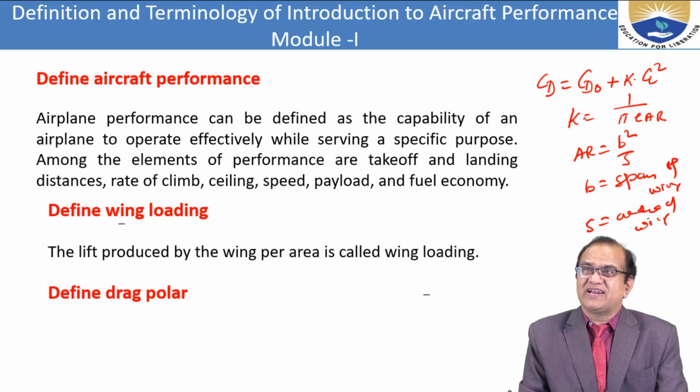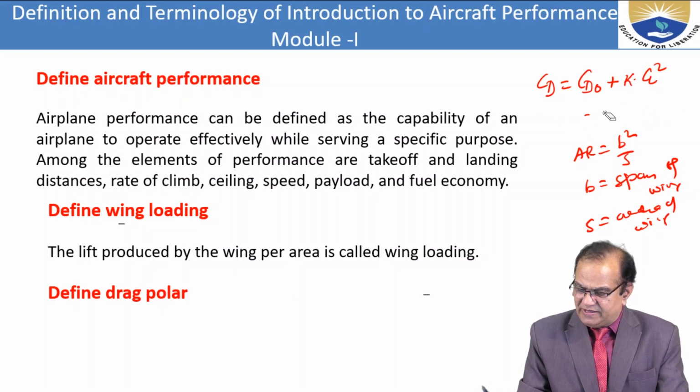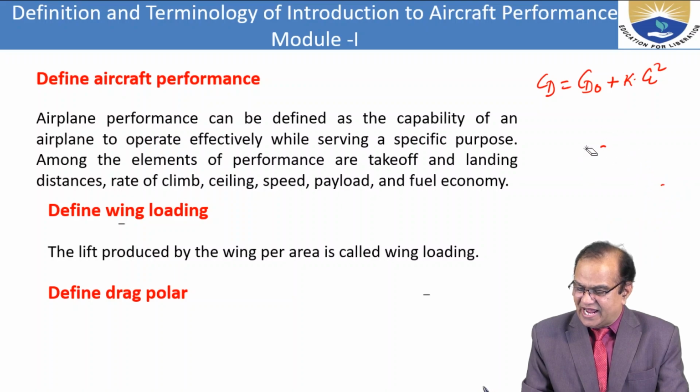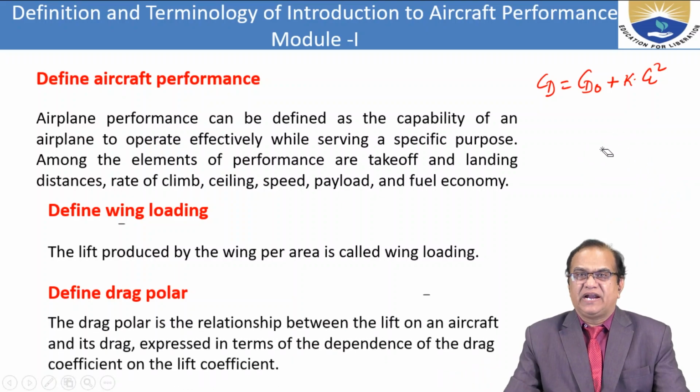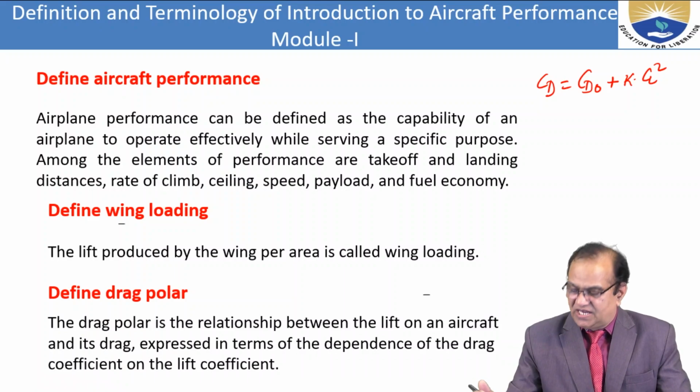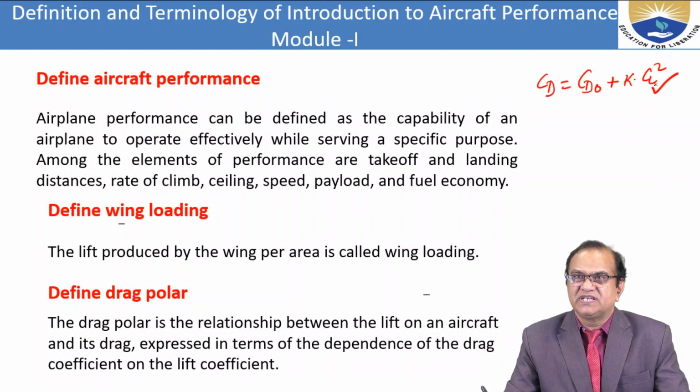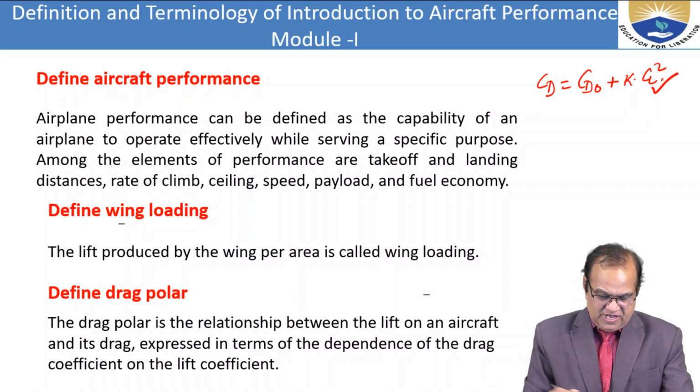So here we will get this K. CL is the coefficient of lift. In this way, this equation is called the drag polar equation. The drag polar is the relationship between the lift on an aircraft and its drag.